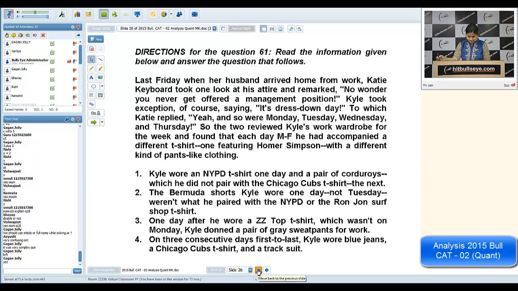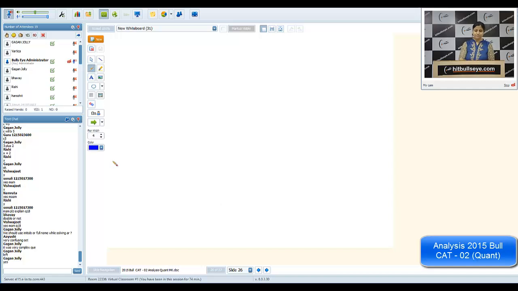You can see tracksuit here, in this fourth direction: on 3 consecutive days, first to last, Kylie wore blue jeans, Chicago Club t-shirt and a tracksuit. It means tracksuit cannot come on Monday. So the fourth option will be my answer definitely. It means all the other three statements are true. So I could use data from this question.